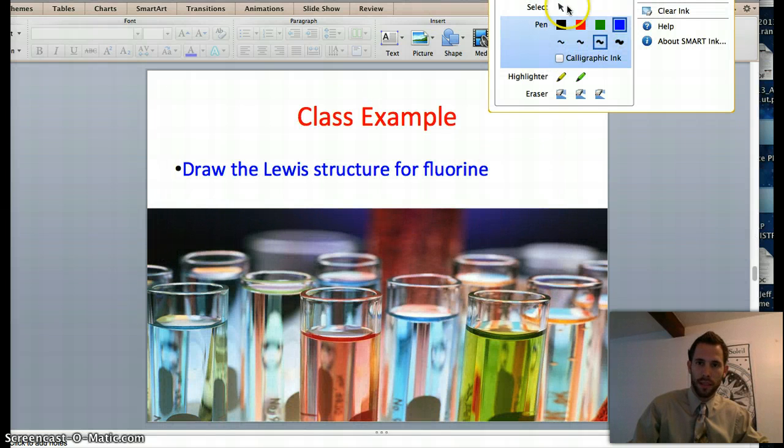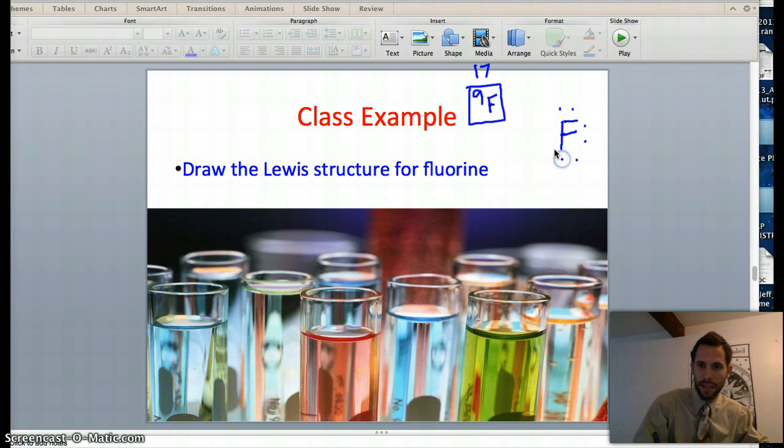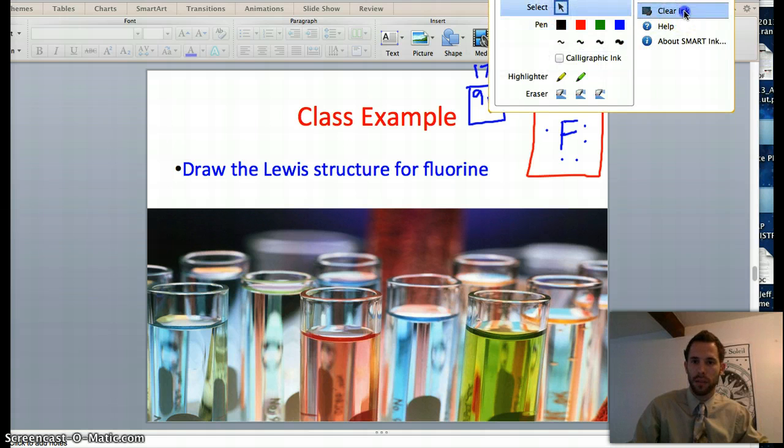If I were to draw this right here, we have fluorine, which on the periodic table has an atomic number of 9 in group 17, or 7A, meaning if we want to draw the Lewis structure, we just do F, 1, 2, 3, 4, 5, 6, 7. And that, my friends, is it. Way easier than you might have thought. Happy? I hope so. Let's keep going.